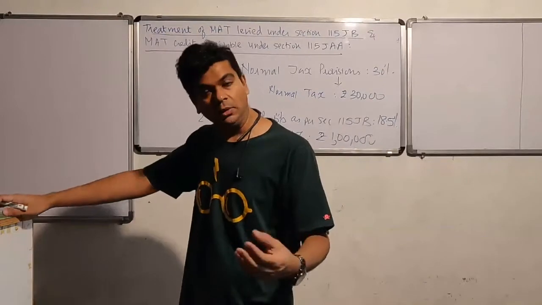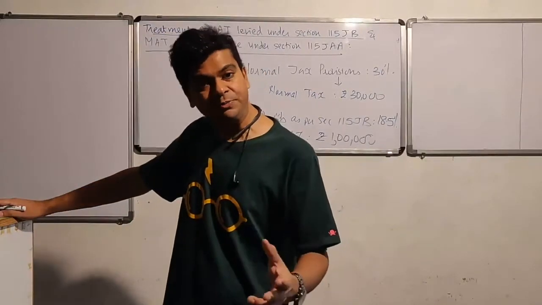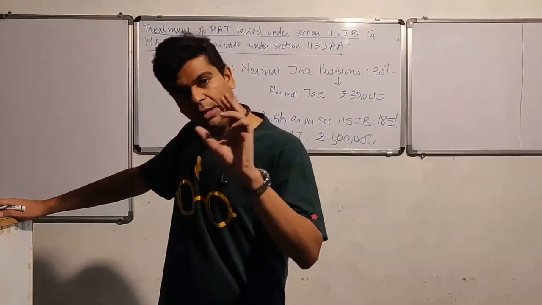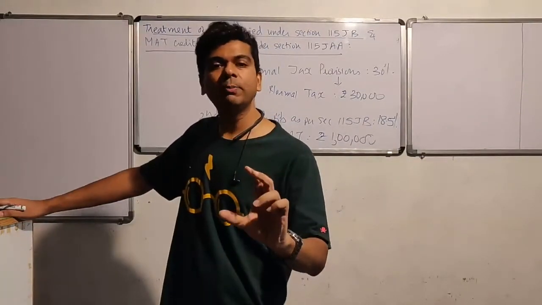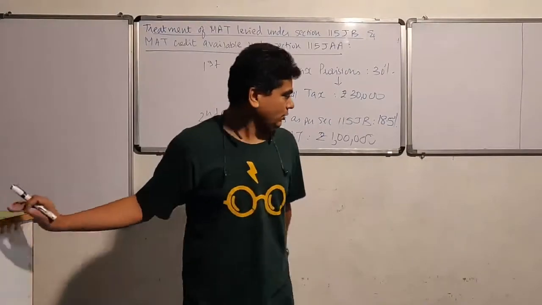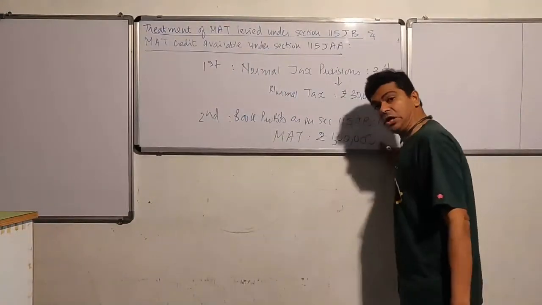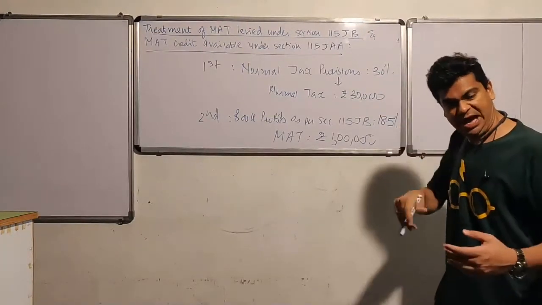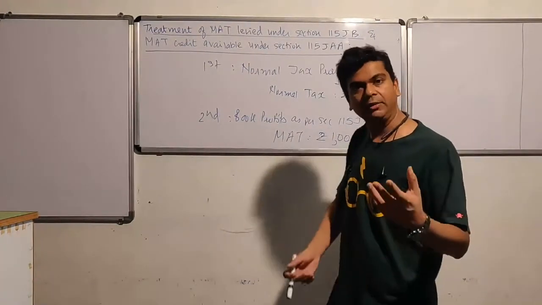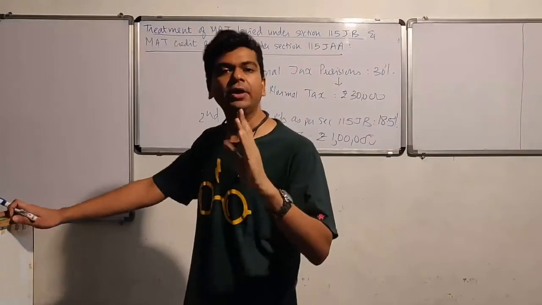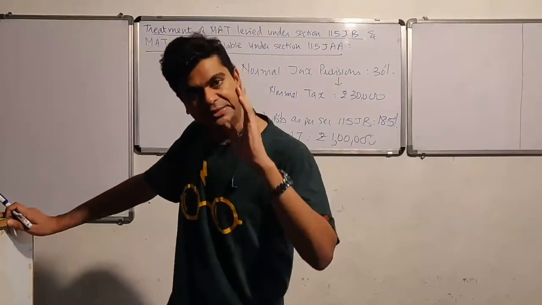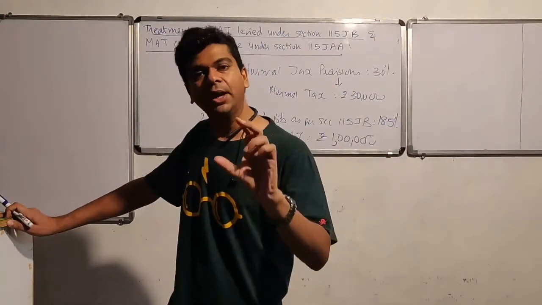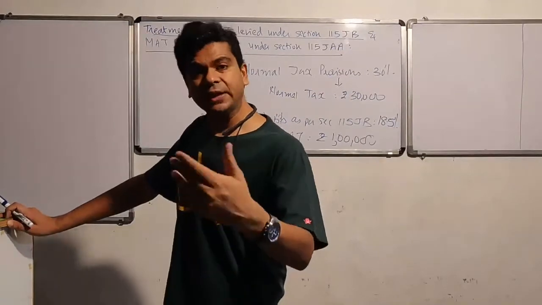Current tax is the tax payable as per the tax laws of the applicable assessment year. Since in the current year you are going to pay 1 lakh rupees of tax, I can always treat 1 lakh as the current tax. So, although Ind AS 12 does not mention MAT anywhere, I can still consider this as current tax. When preparing your financial statements, present the minimum alternate tax payable as a part of the current tax.